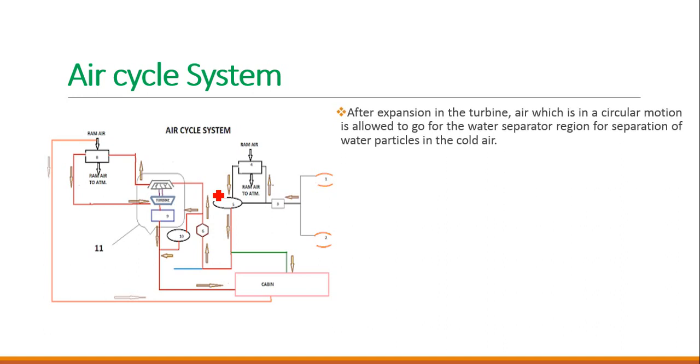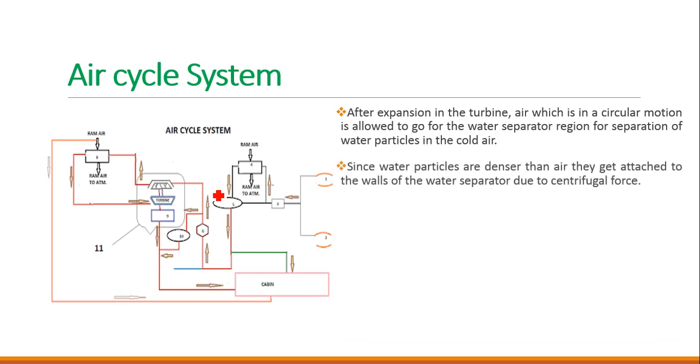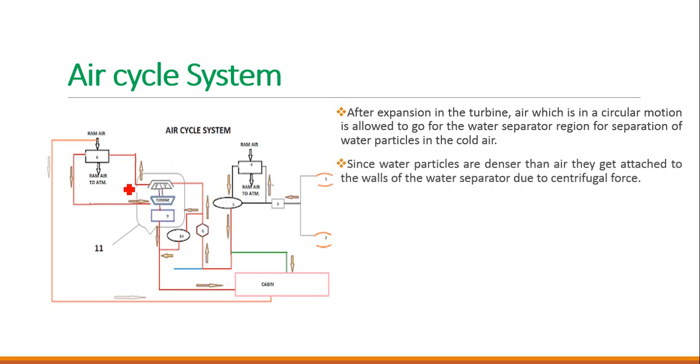Okay. So after the expansion in the turbine, the air, which is in circular motion, is allowed to go to the water separator region for separation of water particles in the cold air. After the expansion, we know that because of the expansion process, the air gets cooled, and there will be some water droplets. The water droplets need to be removed.